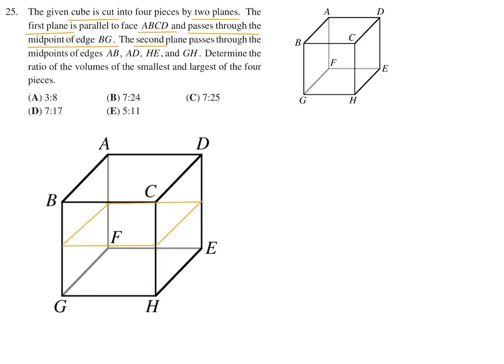The second cut is with a second plane that passes through the midpoints of AB, AD, HE, and GH. So let's draw that in a different color so you can see what that does. So we're going through the midpoint of AB and AD, so like that. And we're also going through the midpoints of HE and GH, so like that. So hopefully that's drawn pretty accurately.